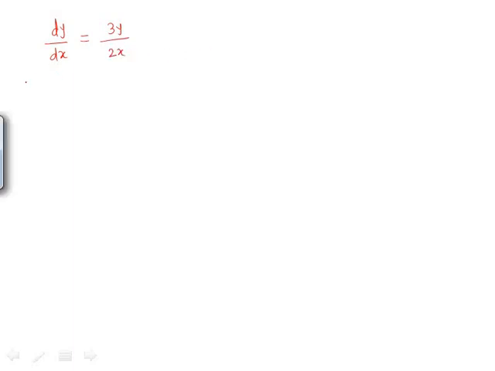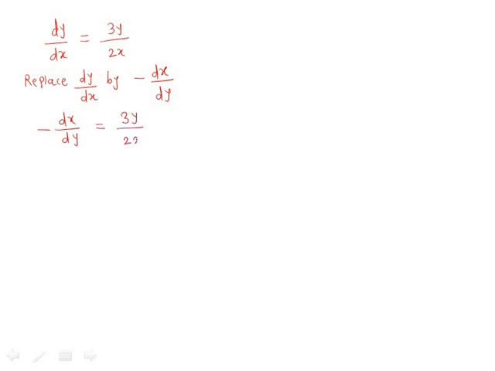Now in the next step, to find the orthogonal trajectory, we will replace dy by dx by minus dx by dy. So here we put minus dx by dy is equal to 3y upon 2x.